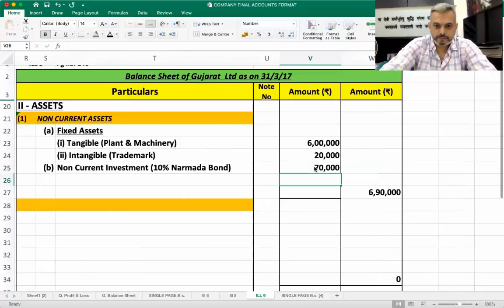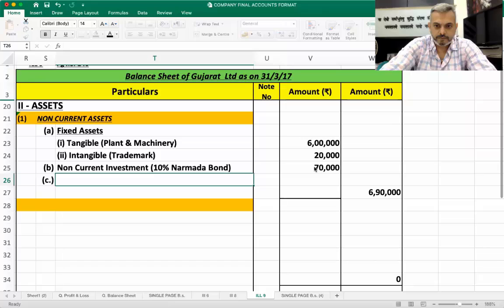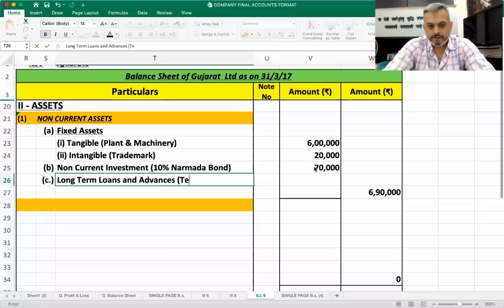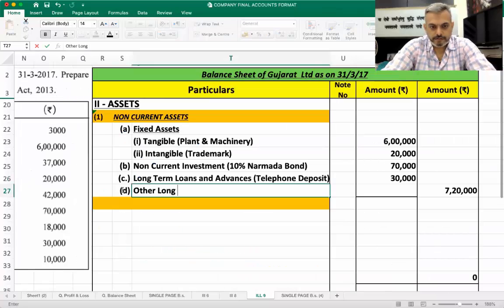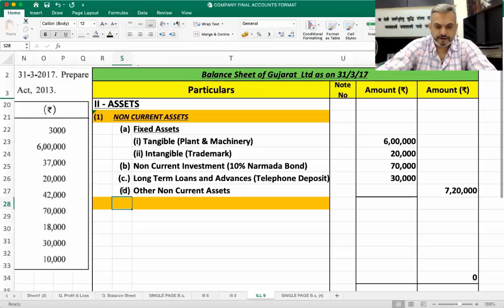Now C is long-term loans and advances. We have telephone deposit 30,000. Telephone deposit 30,000. Then others, other non-current assets.